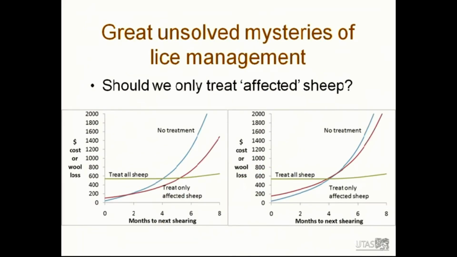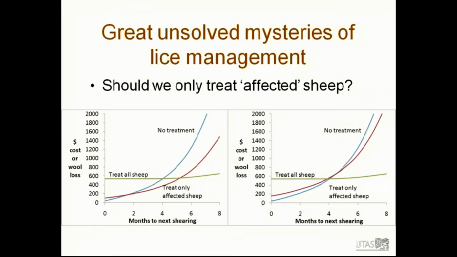And this is one of the big problems of lice control, and it's a problem because it's always raised at workshops and we're not really quite sure yet how to answer it. Do you get this sort of situation where you have quite a long period where you would have been better off to only treat the affected sheep, or you get that sort of situation where in fact you're never better off only treating the affected ones? You're always better off going one way or the other.